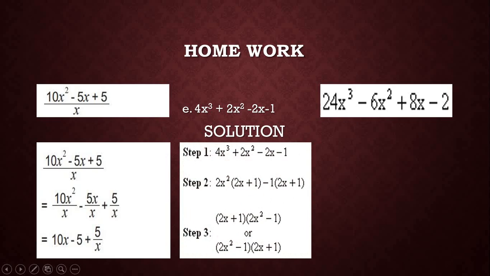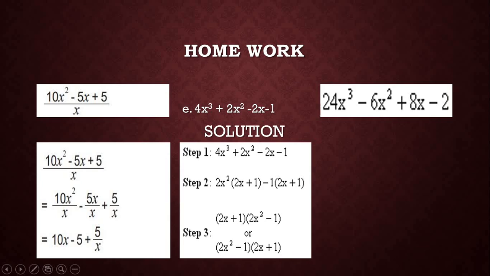So how you're going to work with this is you're going to work with it via grouping. You are going to put brackets there and put brackets there. And then you are going to get common factors from the bracket of 4x cubed plus 2x squared, and then the common factor in the bracket 2x minus 1.